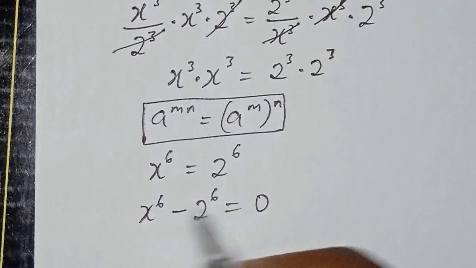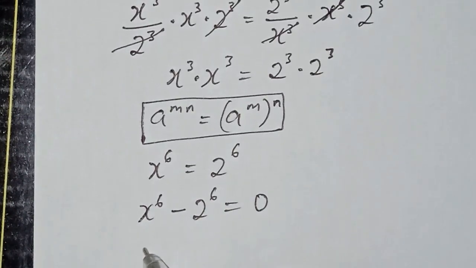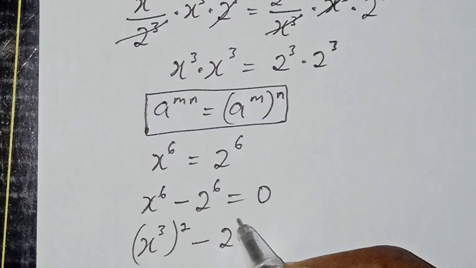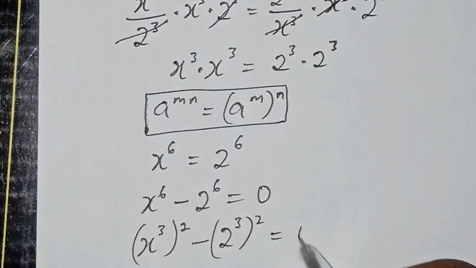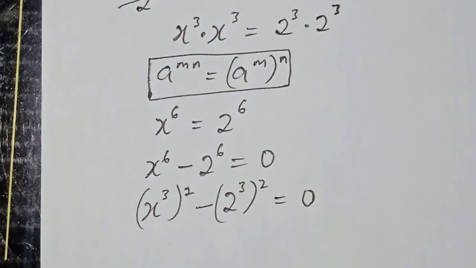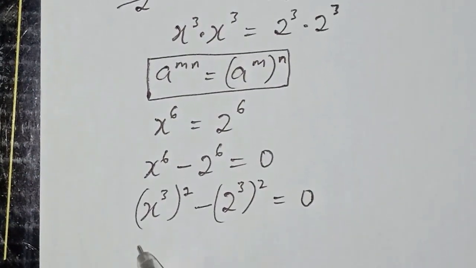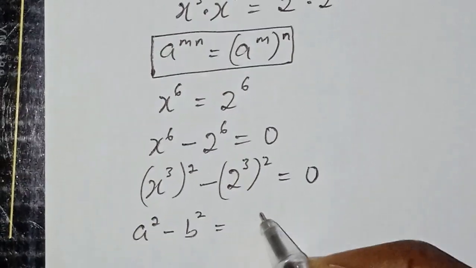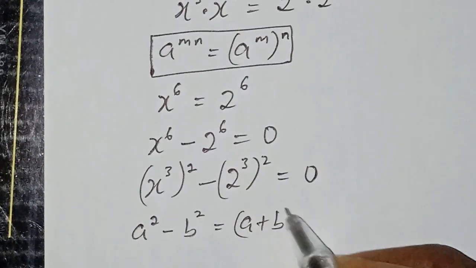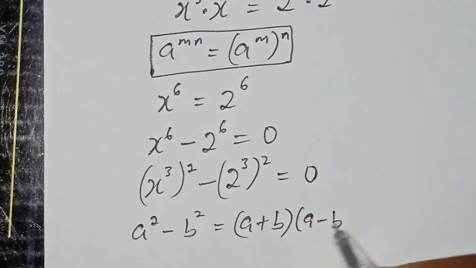Here we can simplify this as x cubed in bracket power 2 minus 2 cubed in bracket power 2, all equal to 0. Now considering this identity, if we have a power 2 minus b power 2, it can be factorized as a plus b into bracket a minus b.